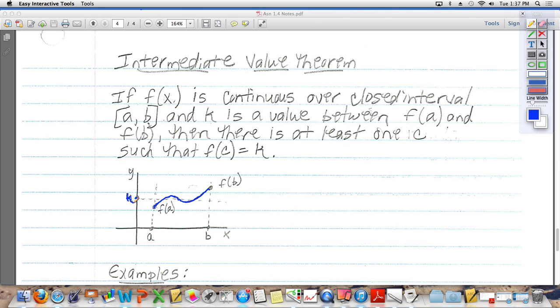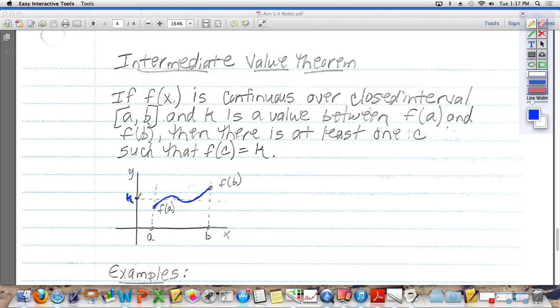It is also important that that value of k shows up in between the f of a and the f of b. Don't put it below, don't put it above. You have to put it somewhere between them.